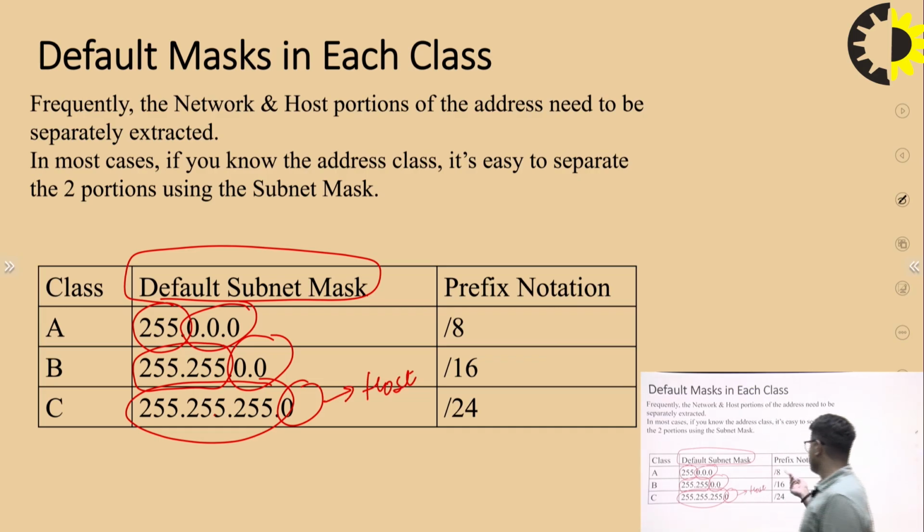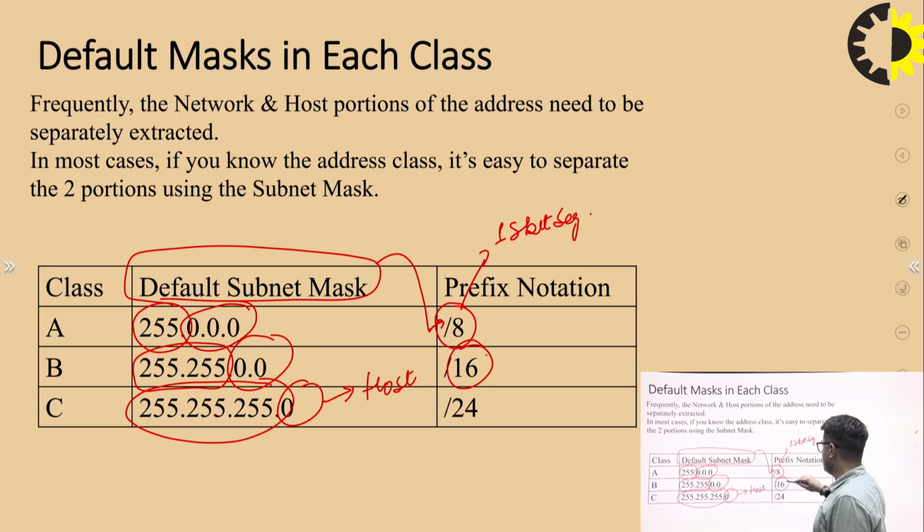And this is the simple notation in the prefix: how many ones are there in the IP. For class A, rather than writing the larger 255.0.0.0, we can write /8, as it has 8 ones, meaning the first 8-bit segment.